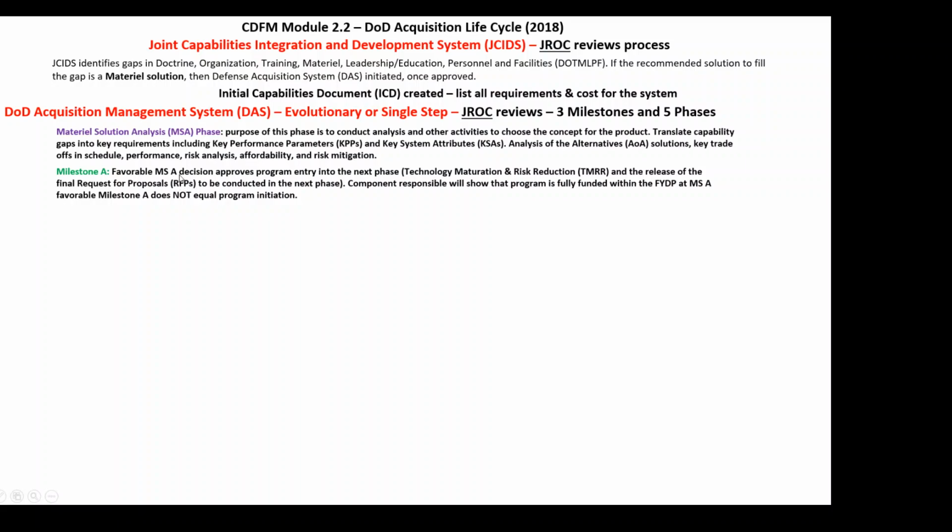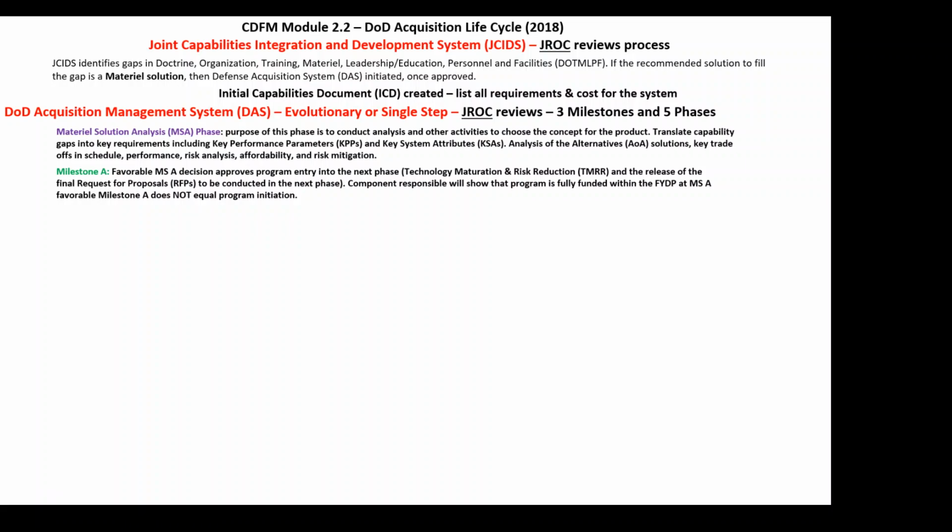So a favorable milestone A approves program entry into the next phase, the technology maturation and risk reduction. This term is different than what was in the 2013 study guide. So in case you decide, hey, I'm not going to buy the 2018, understand that some of the terms have changed. And the release of the final request for proposals.